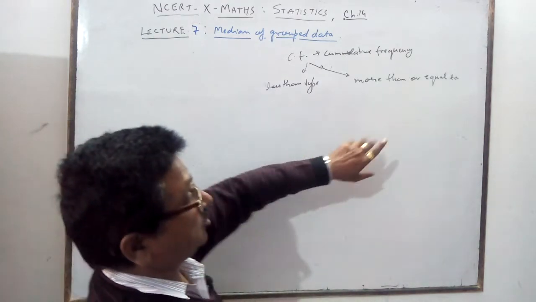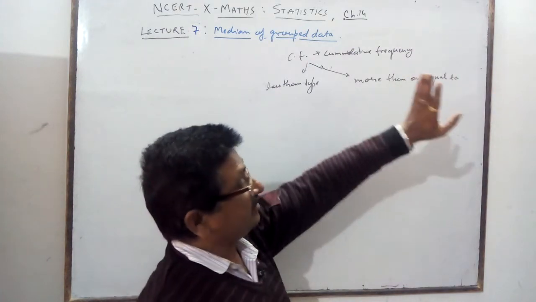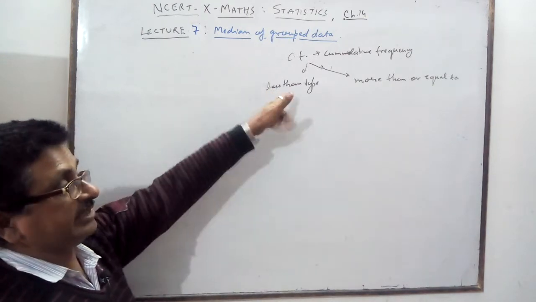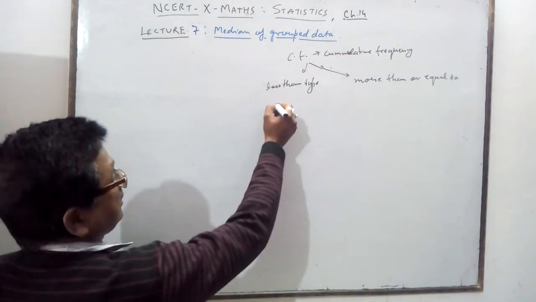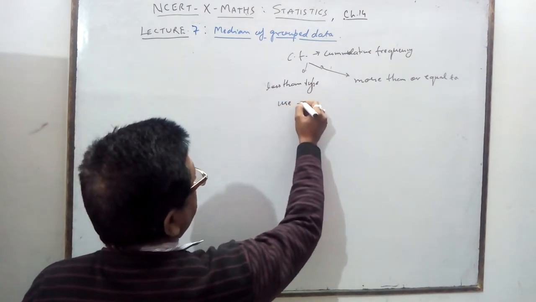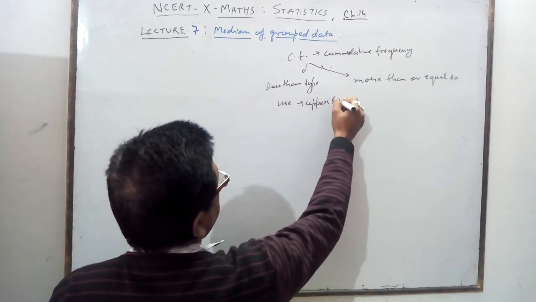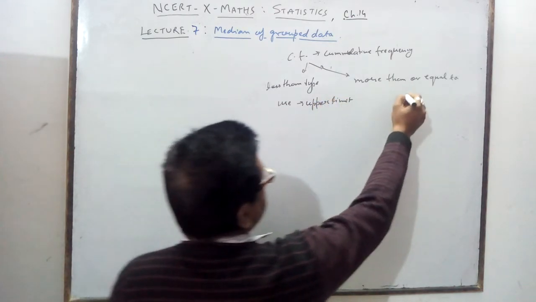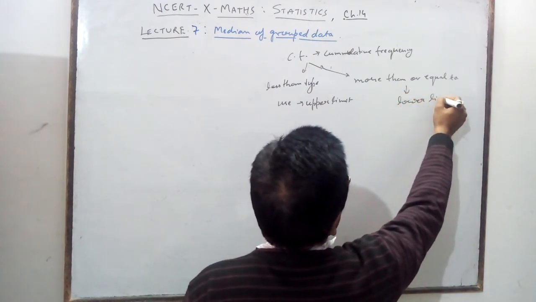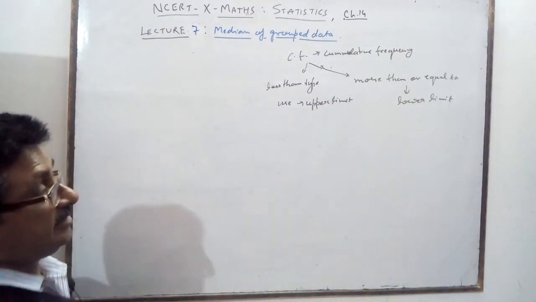More than or equal to type means the given value is included, but in the less than type, the given value will not be included. So in the less than type we use the upper limit of the class interval. In the more than type we use the lower limit of the class interval.